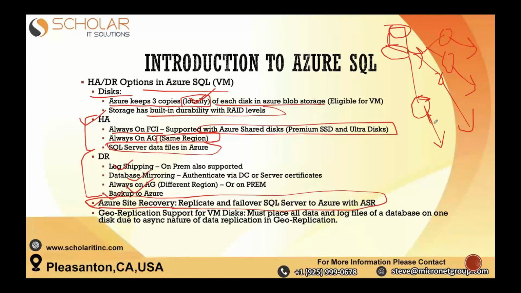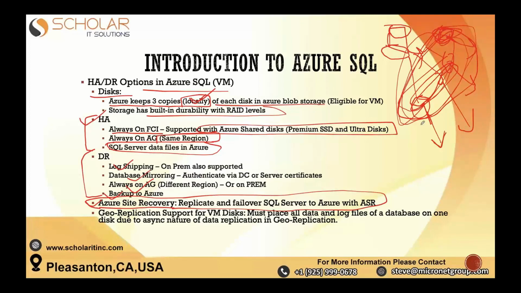Now, it may happen that these three synchronizing agents are synchronizing your disks to another region at the same time, but one agent may be lagging behind. Then on the second region, your database is not consistent, right? The data file on one disk is behind the other disks. So that's why the geo replication of data disks for SQL Server databases is not supported, because your data will never be in sync, because the process is async in the background.